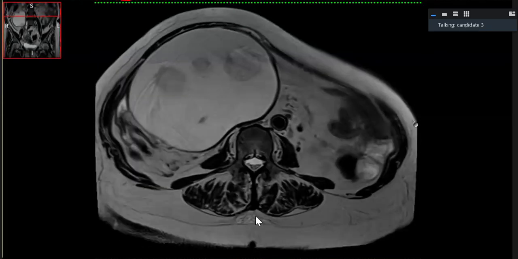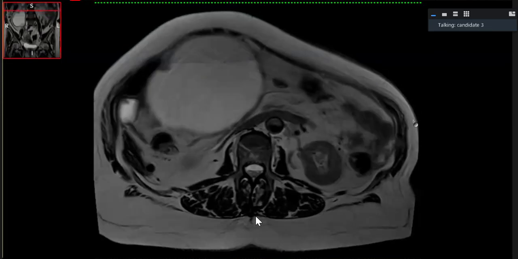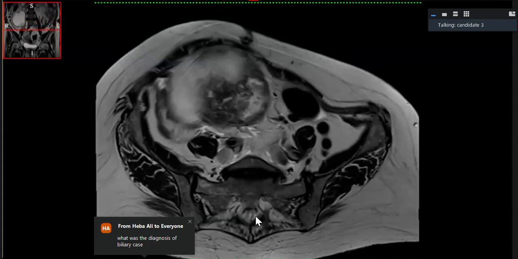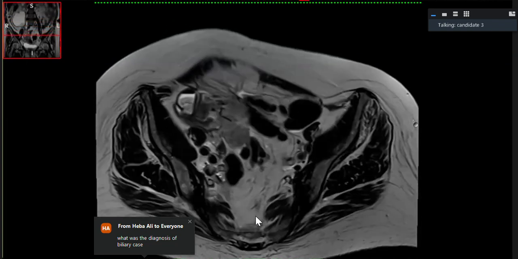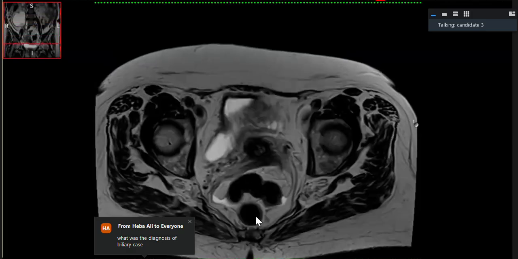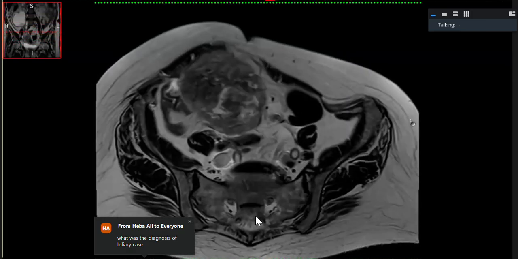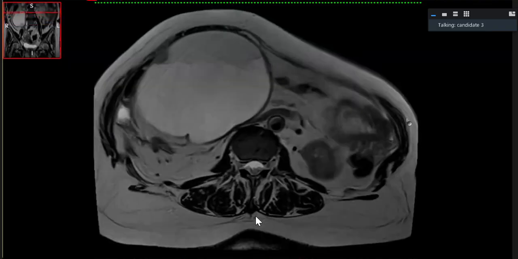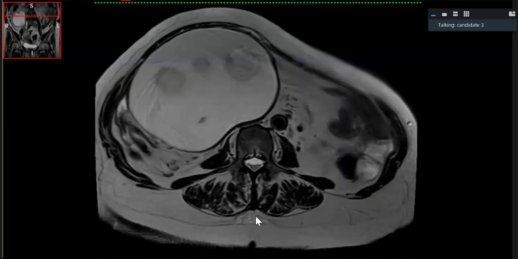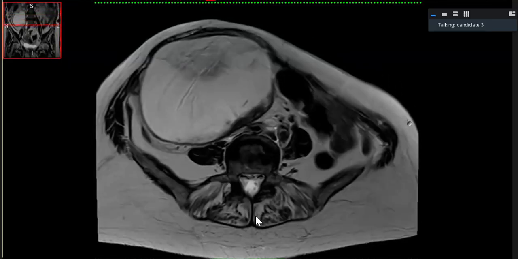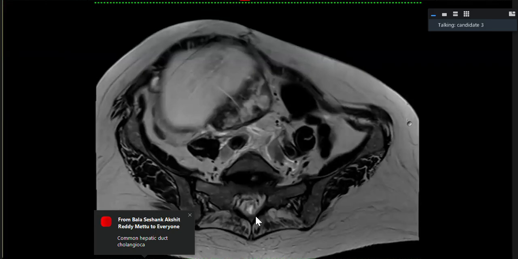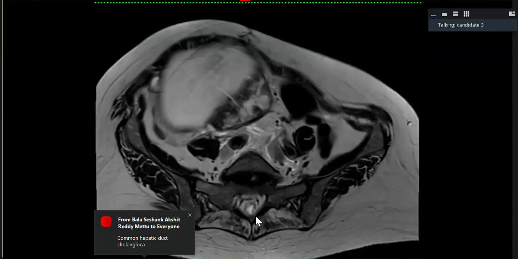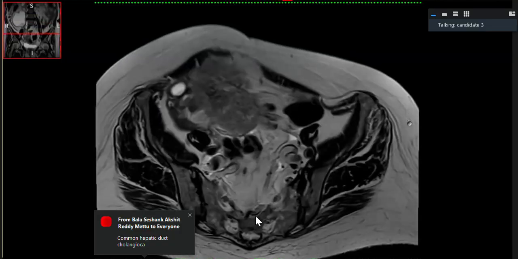I can see that there is a well-defined fluid signal intensity, large cystic lesion, starting from the level of pelvis and extending superiorly in abdomen with predominant bulk on right side of midline. It shows internal variable signal intensities, suggesting debrinous component in its anterior non-dependent part. In its lower part, there are some solid-looking nodular low signal intensity areas.